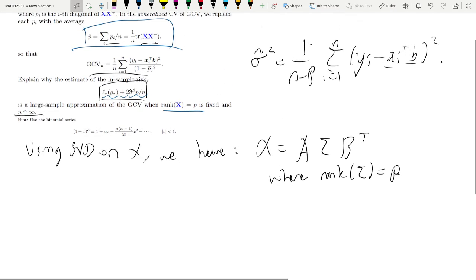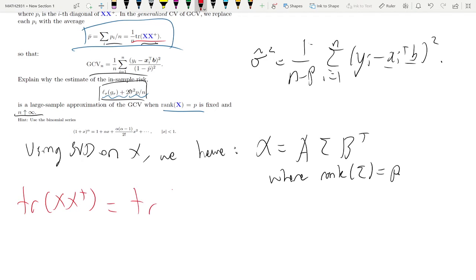Diagonal. So we want to find a trace. So we want to focus on this thing, right? So we want to find the trace of x plus. So we just sub things in now, right? So trace. So you just sub in b, or x, I mean, b transpose. The pseudo inverse of x in SVD form is really easy to find.